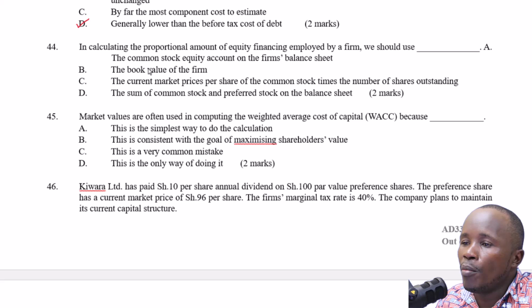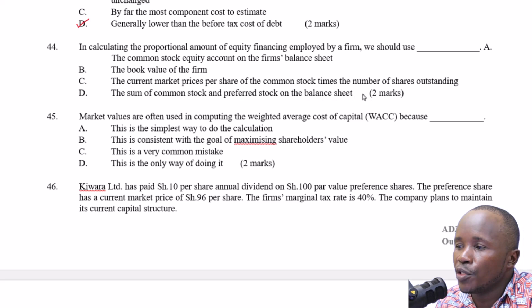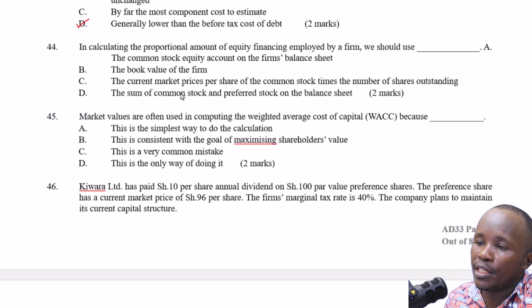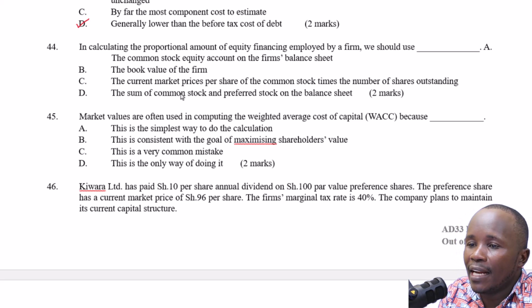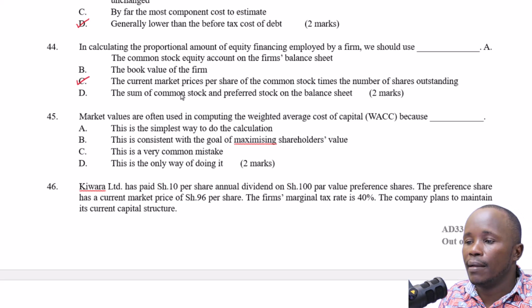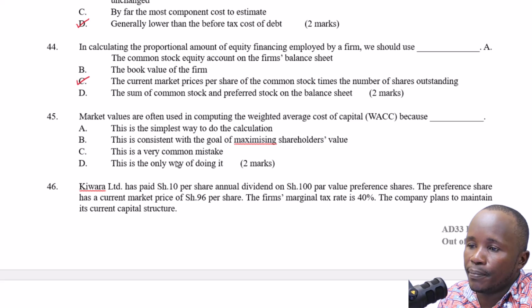Is it the common stock equity account in the firm balance sheet, a book value of the firm, the current market prices per share of the common stock, the sum of common stock and preferred stock? You see here you are saying in calculating the proportion, it is like the weight. We use the current market prices.